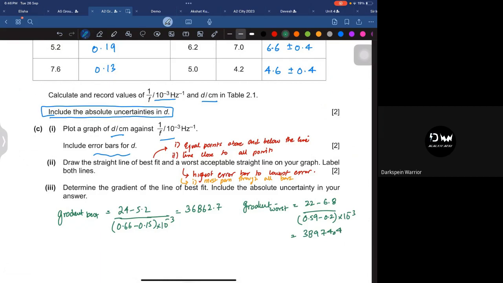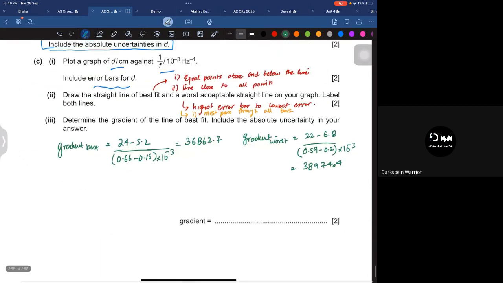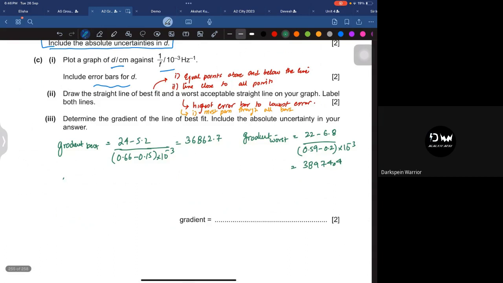Okay. Now, how do we find the uncertainty? The uncertainty in the gradient is found when you basically do gradient of worst minus the gradient of best. So let's write 38974.4 minus 36862.7.